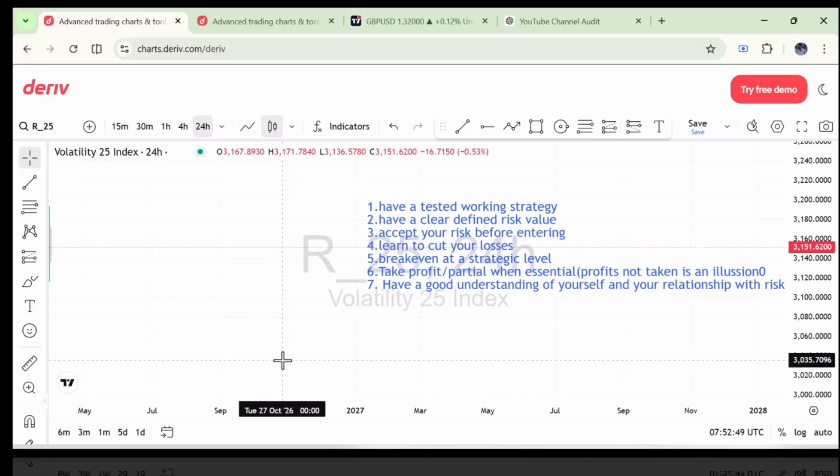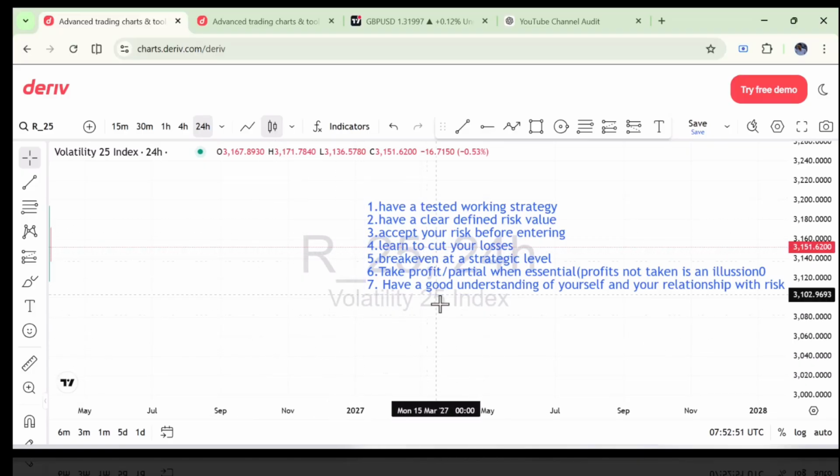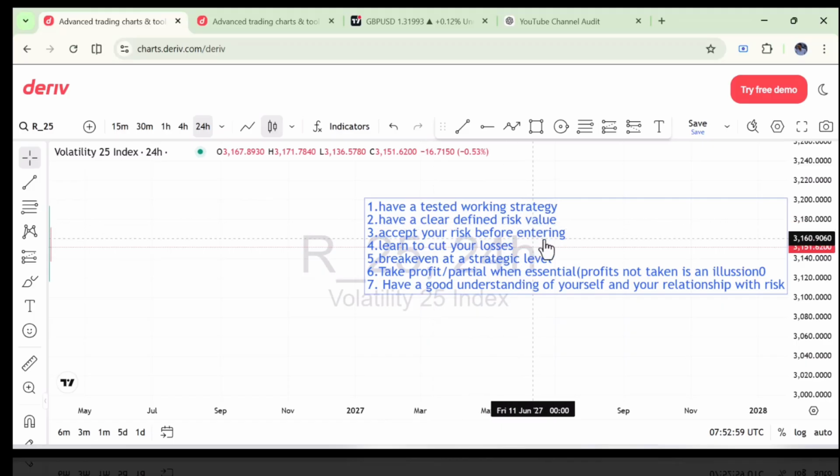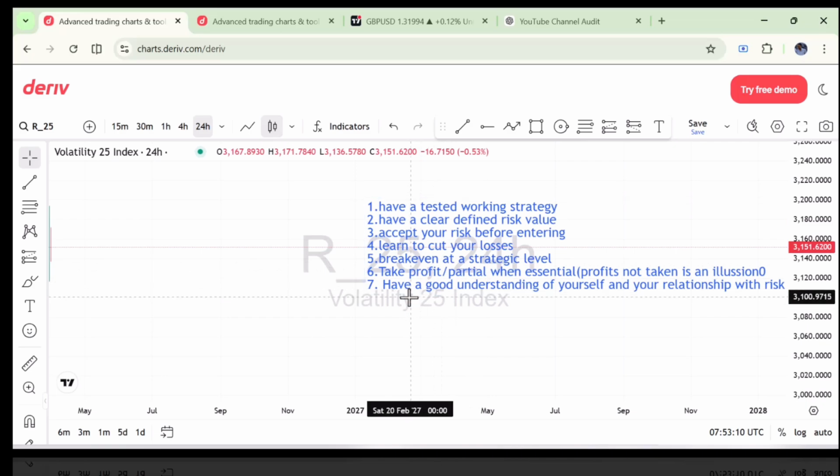Because professional traders don't just know about their risks. The first two steps are to have a working strategy and then have a defined risk. Now, they don't just have a defined risk, they accept their risk. That is the difference between the professionals or the profitable traders and those who are still struggling to gain consistency in the market.